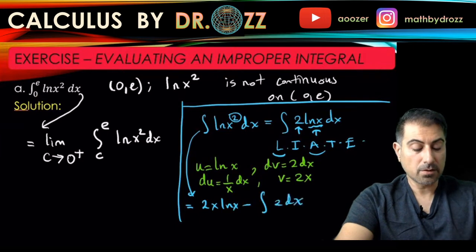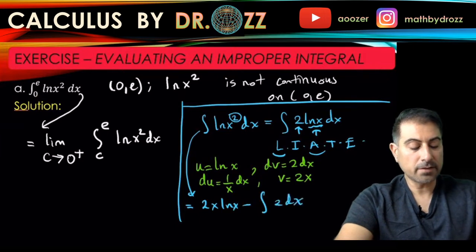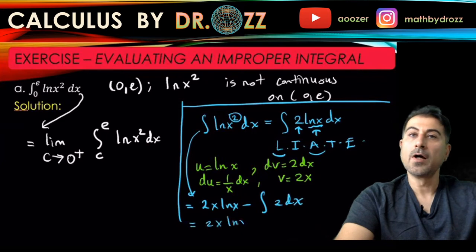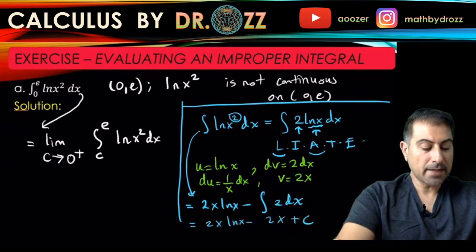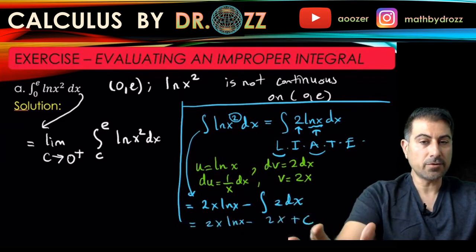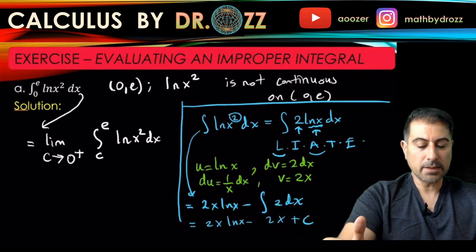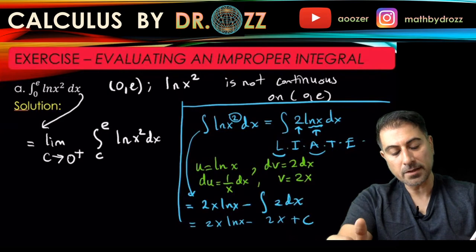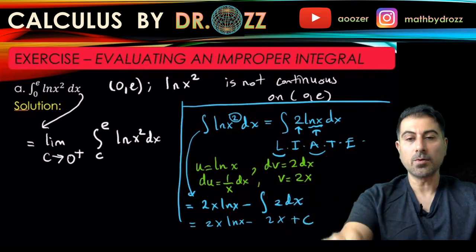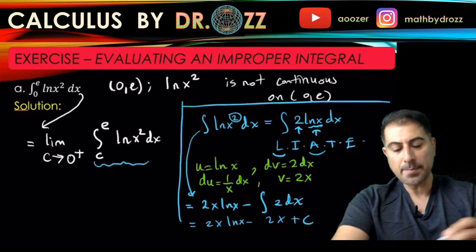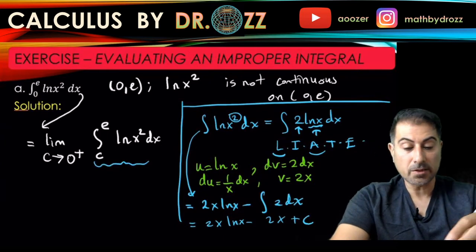So wrapping everything up takes us to 2x ln x minus 2x plus c. So this is the value of the indefinite integral, but I'm going to use it towards calculating this definite integral here. And then after all, I am going to pass this limit here.